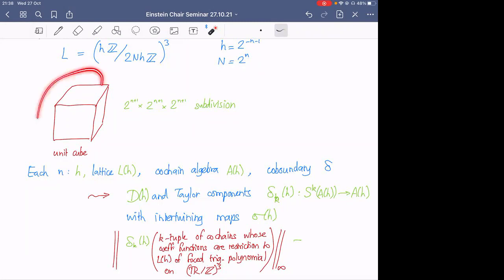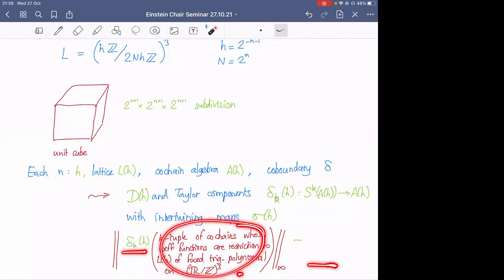If you take such a function, then you can restrict it to lattice points. And then that gives you a cochain. Then you can take a k-tuple of cochains, and then you can take the evaluation of the delta k on this. This will give you an output, which is again a cochain.